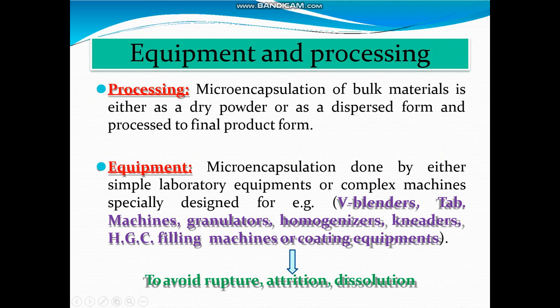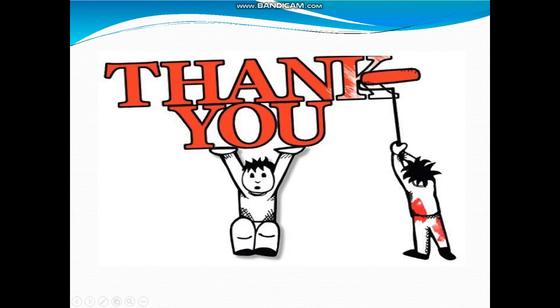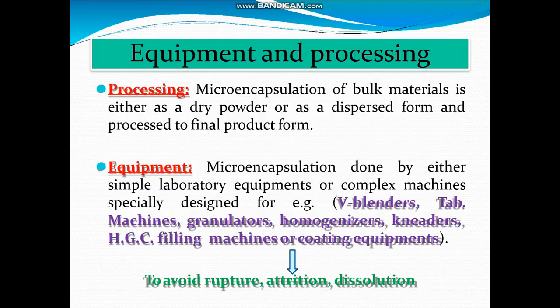Microencapsulation is done by either simple laboratory equipment or complex machines specifically designed, for example V blenders, tablet machines, granulators, homogenizers, kneaders, HGC filler machines or coating equipment, in order to avoid rupture, attrition, and dissolution. So this was all about the microencapsulation process.